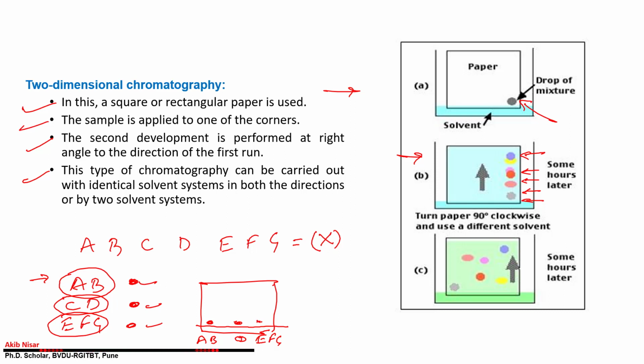You are changing the proportion of the solvent, or even the component of the solvent, depending on the solutes or samples you are using. Now what will happen? A and B will separate, here A, here B; C and D will be separated; and E, F, G will be separated.